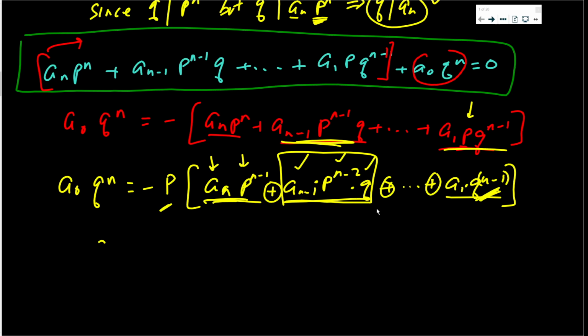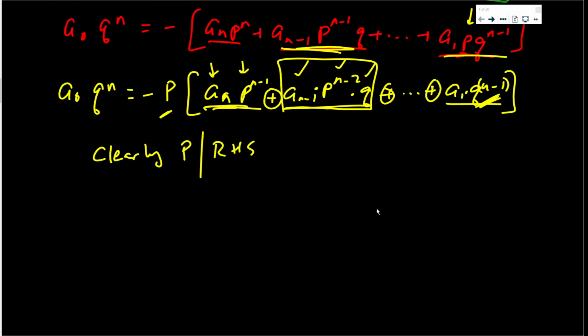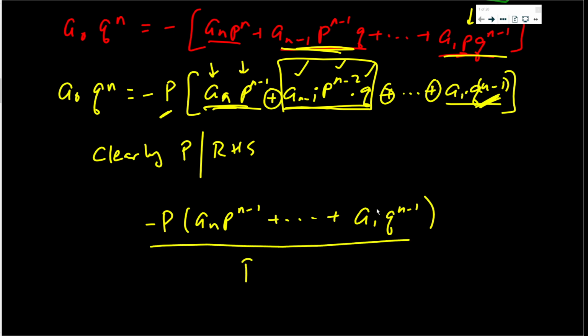Okay, but clearly p divides the right-hand side. I mean, let's think about it. If this here is the right-hand side, and what's in this parenthesis is an integer, when I divide by p, that cancels out, and I get an integer.